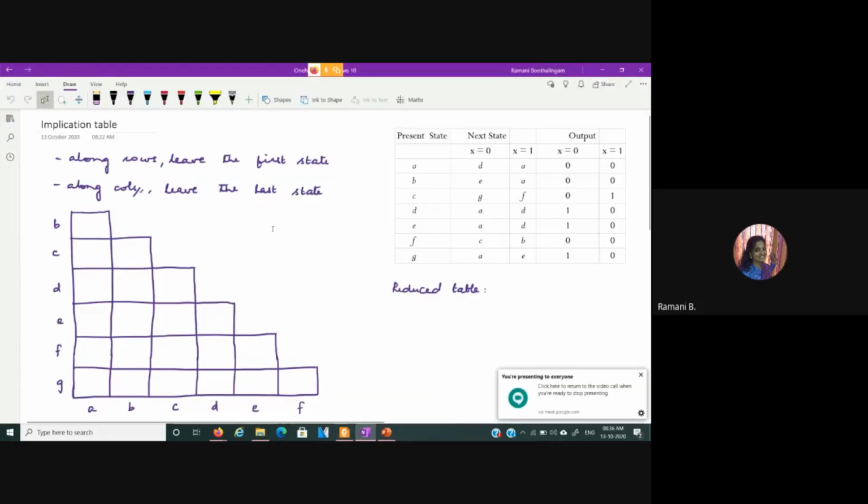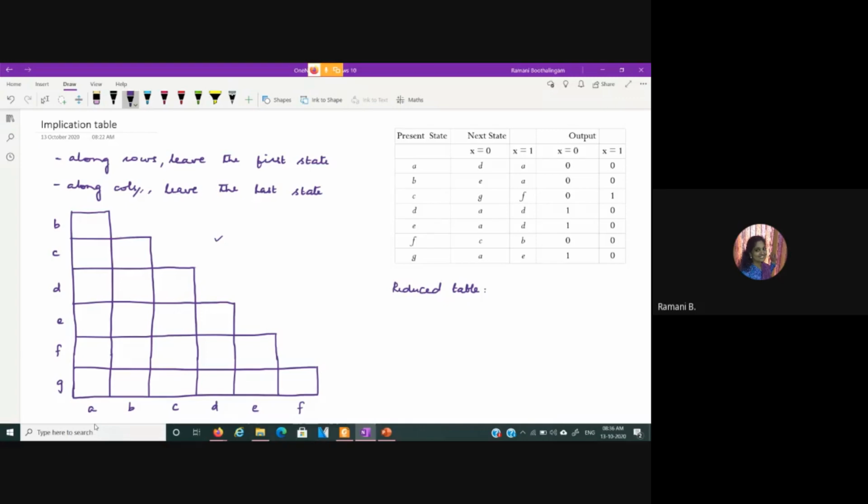For the implication table, the table is of this particular structure where you will be comparing each state with the other states. Along the rows we leave the first state and along the columns we leave the last state.